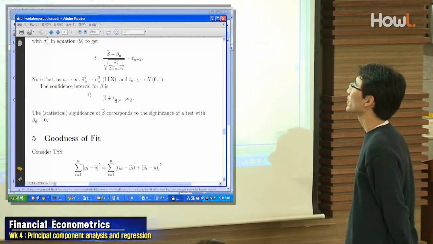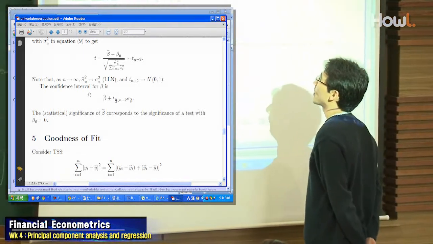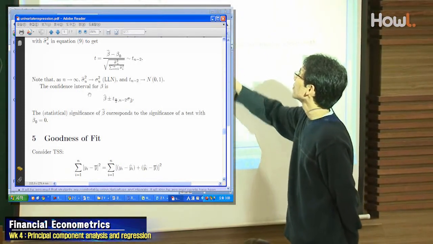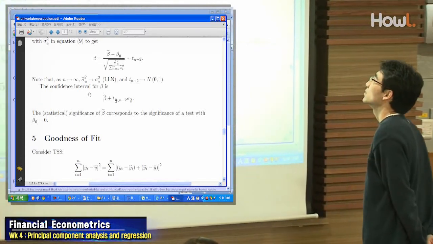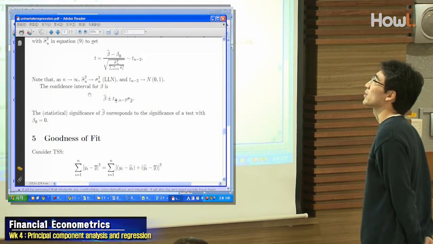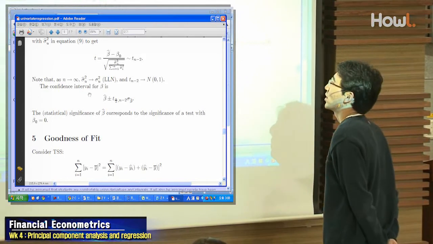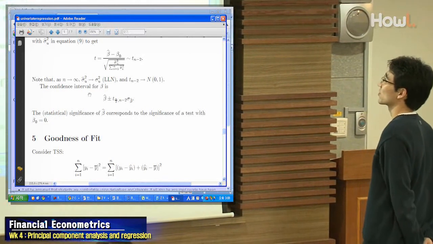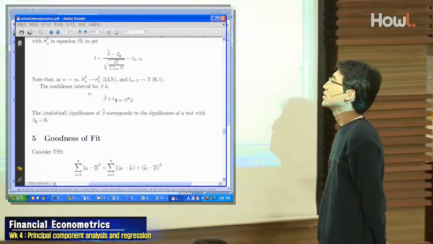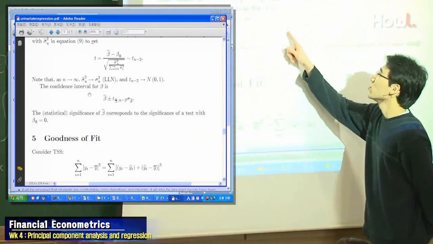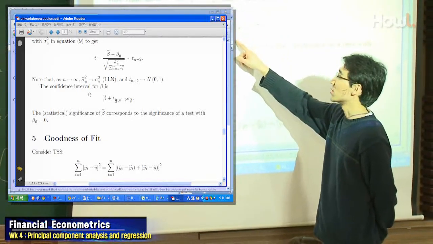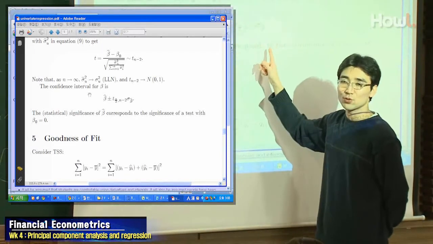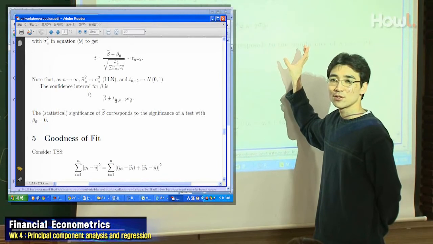So anyway, the confidence interval. The confidence interval for beta is beta hat plus or minus some t value times the standard deviation of beta hat. We already know the standard deviation. And the statistical significance of beta hat corresponds to the test with beta equal to 0. If we use the Z statistic, it is beta hat plus or minus 1.96 times the standard deviation for 95%.